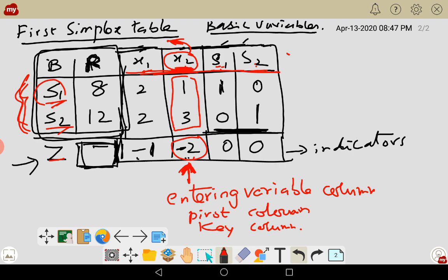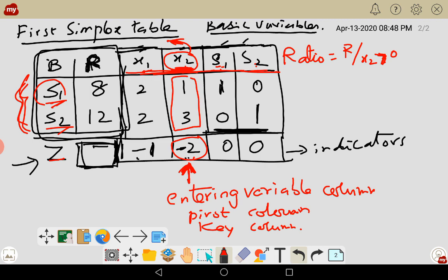Now there is a column for ratio. The formula for the ratio in this table, for every table we have to rewrite it, isn't it? It is r over the entering variable column x2, and the elements of x2 should be strictly greater than 0.